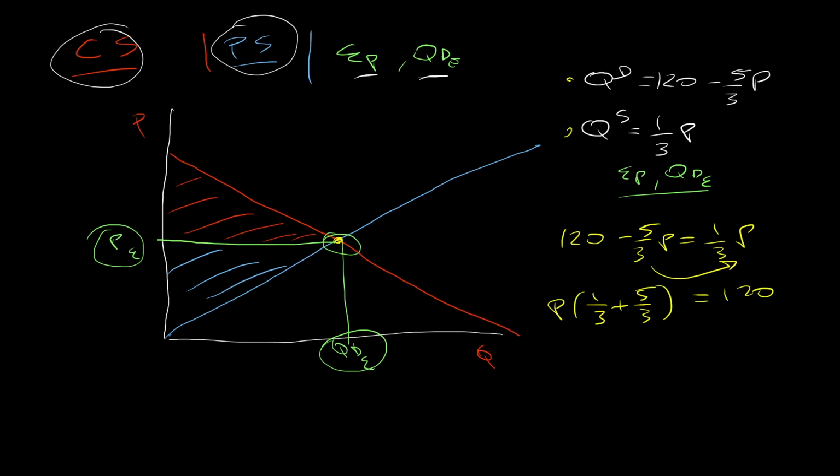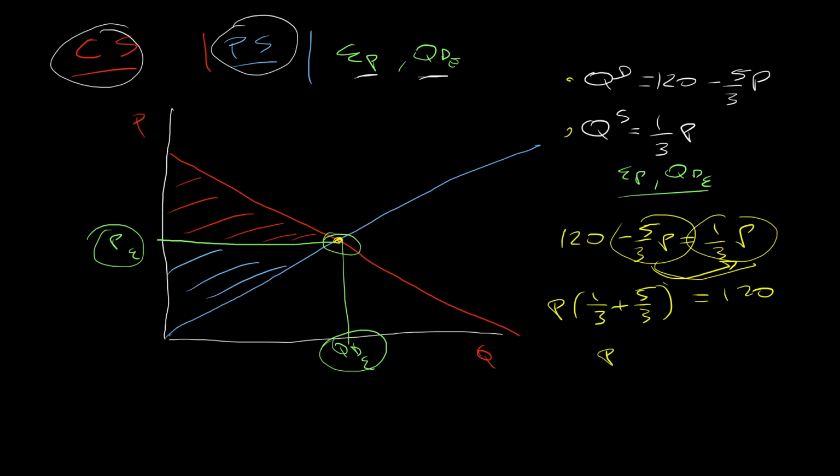Remember, all I did was move this term over, and then you have the expression and then the number. You might find sometimes that you can change these, but notice that I haven't changed anything. If I have 1/3 plus 5/3 here equals 120, it's the same thing. You can have it either on the left side or the right side.